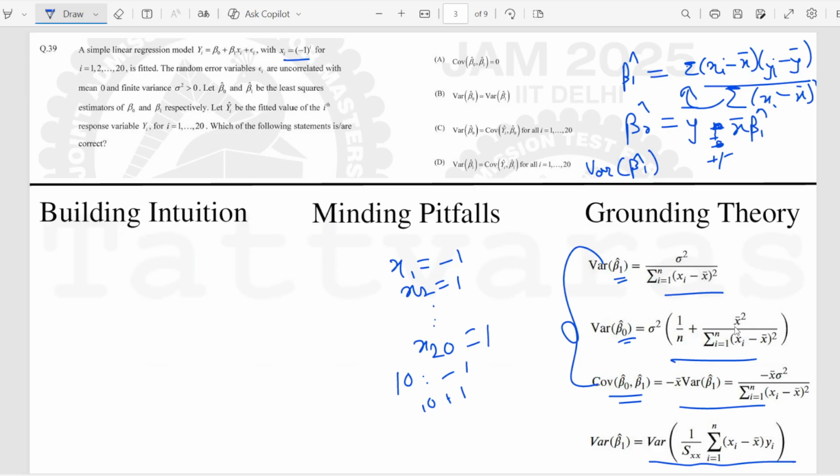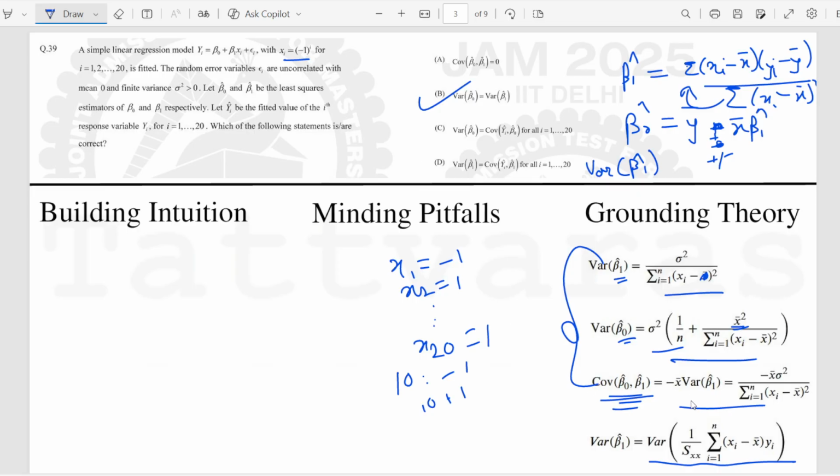This part in the numerator becomes 0, so variance of beta naught hat becomes essentially sigma square by n. And because this is 0, this thing vanishes, and this becomes summation xi square. Now xi is -1 or 1, so xi square is 1, summation of 1s is going to be n, so it's sigma square by n, so both of these are the same.